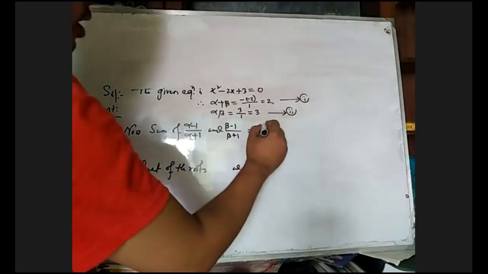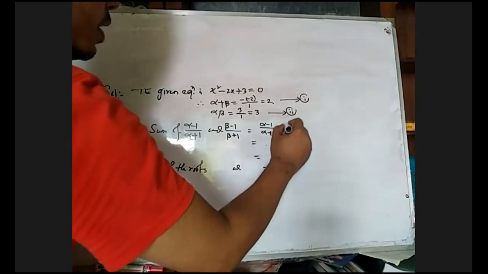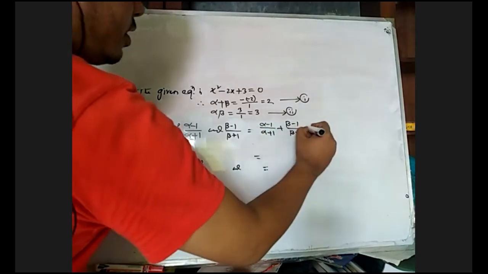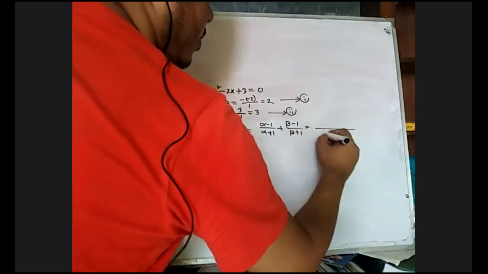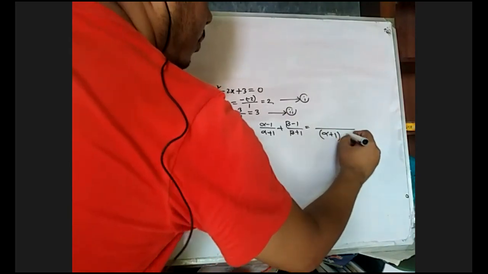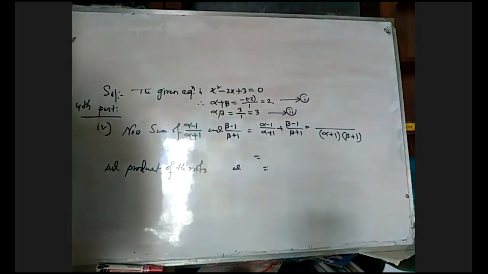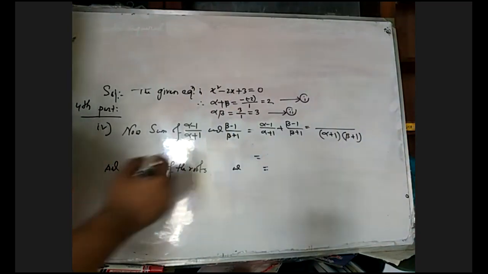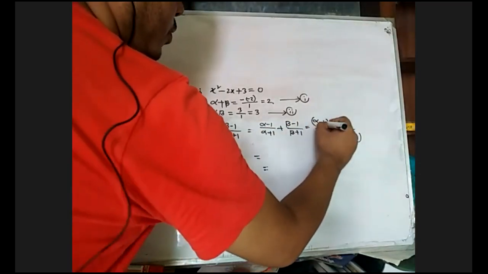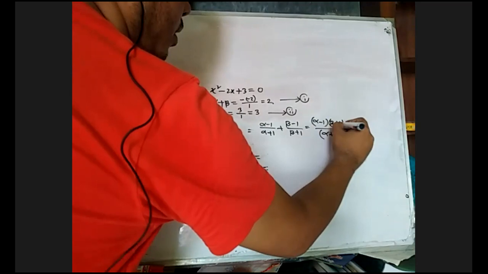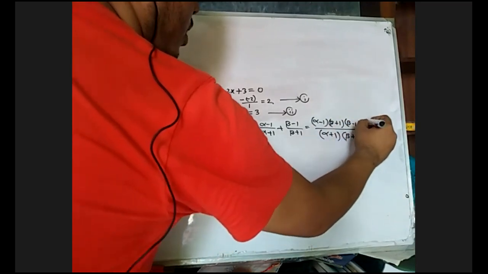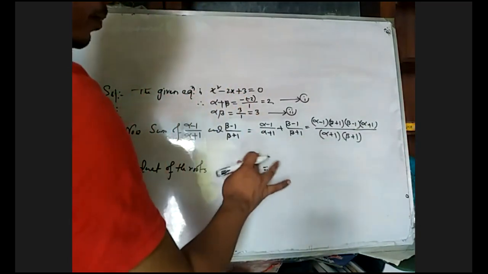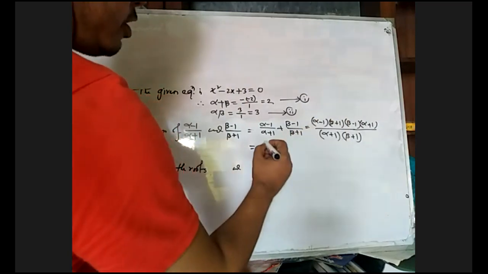Sum of the roots will be what? Alpha minus 1 divided by alpha plus 1 plus beta minus 1 divided by beta plus 1. So this equals, taking LCM of alpha plus 1 and beta plus 1, alpha minus 1 into beta plus 1, and beta minus 1 into alpha plus 1. After this line we can write, just multiplication.